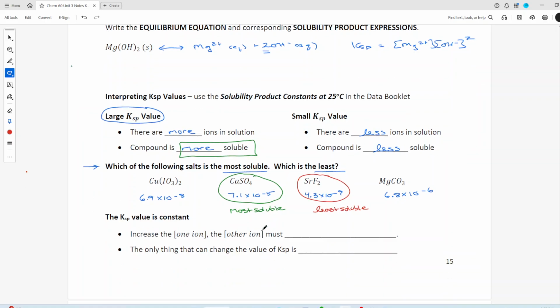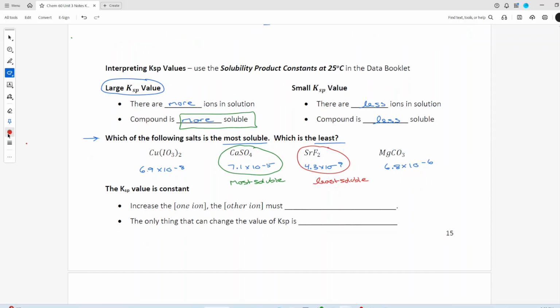All right. The next part is that the KSP value is constant. If you increase the concentration of one ion, the concentration of the other ion must decrease. What that means is that your solution can only hold so many ions, right? And so the KSP product has to be constant.